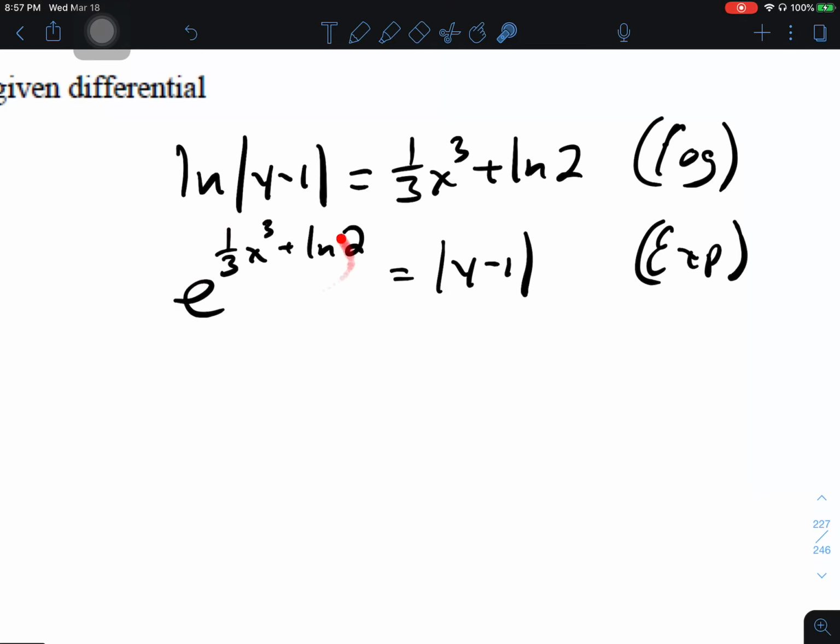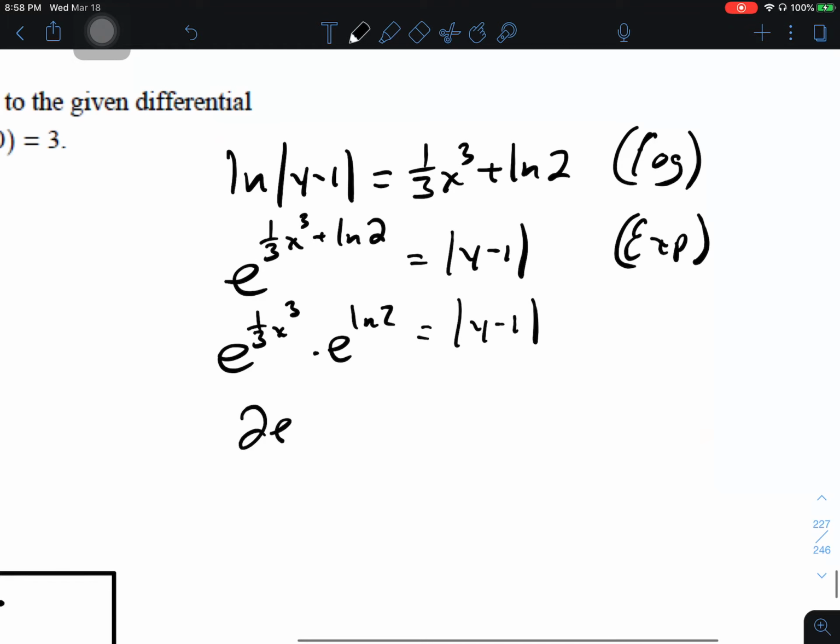From here, this can be simplified because this is natural log of 2, so we can make this e to the 1/3 x cubed times e to the natural log of 2. That's helpful because this just becomes 2.